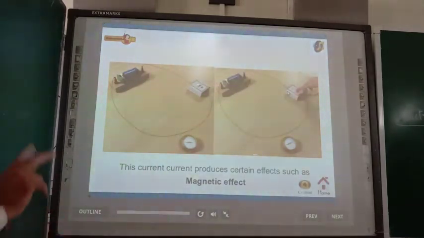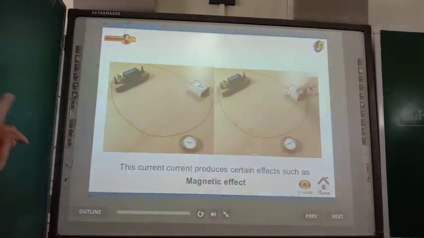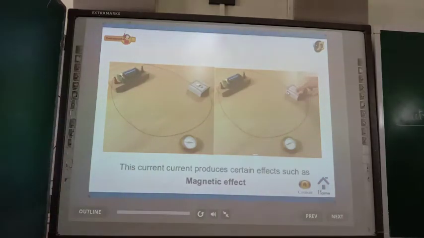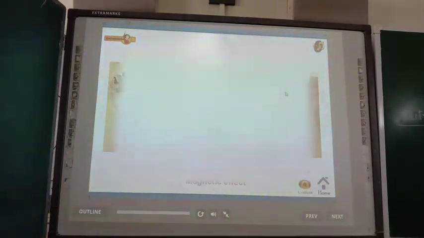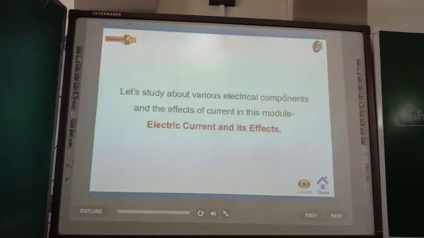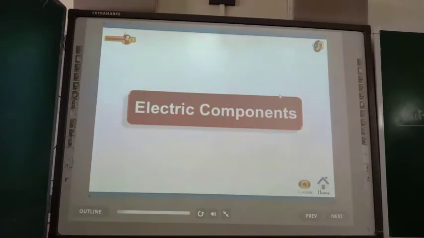The flow of electric current produces two types of effect in the circuit. Let us study about various electrical components and the effects of current in this module, electric current and its effects. Let us begin with an animation on electric components and their symbolic representation.